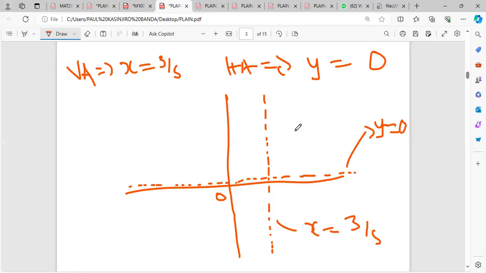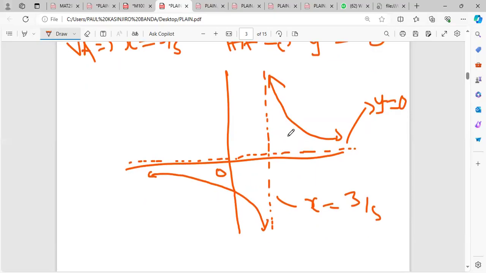It means our graph will be in this region here, going like that, and the other branch will go like that. So this will be the graph.